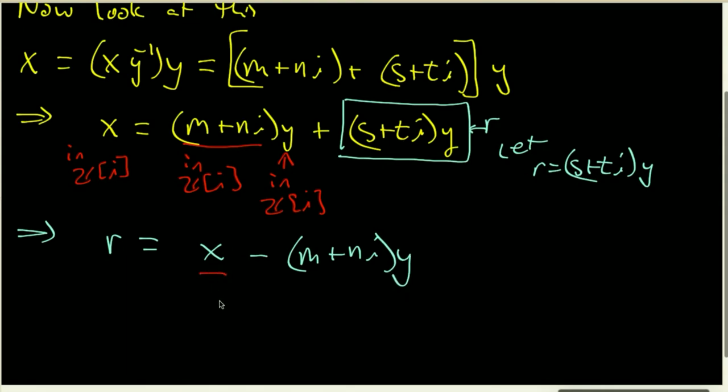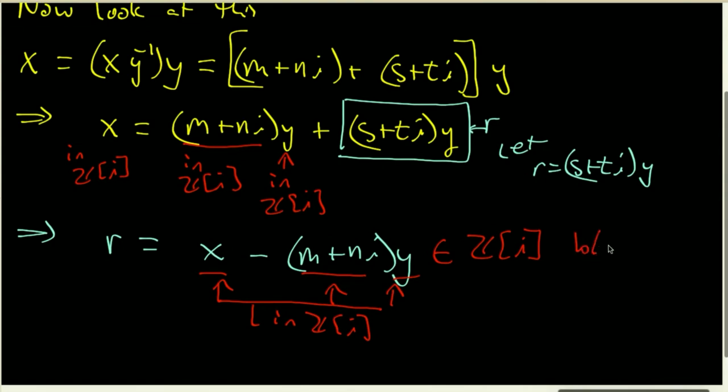And this is inside Z[i], and this is inside Z[i], in other words, these are all Gaussian integers, which forces that difference to be inside the ring of Gaussian integers, because the set of Gaussian integers is a ring. It is a subring of the complex numbers. And so what that does tell me is r is indeed a Gaussian integer.